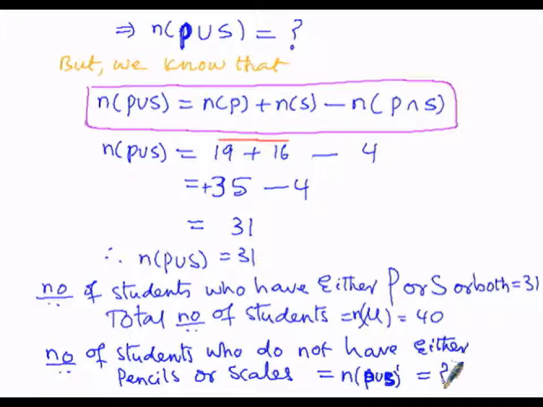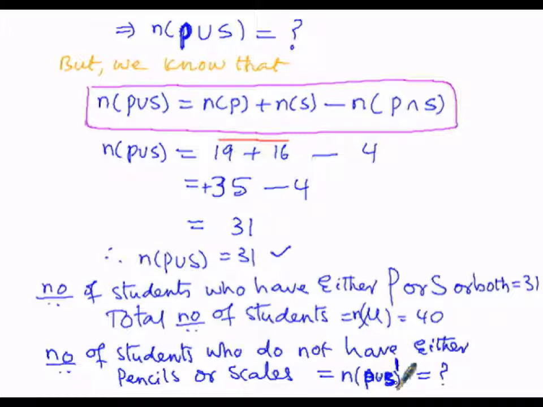We have to find the number of students who do not have either pencils or scales. P union S gives us those who have pencils or scales, so the complement means those who do not have pencils or scales. P union S is given by 31, and the complement indicates the number of students who do not have either pencils or scales.